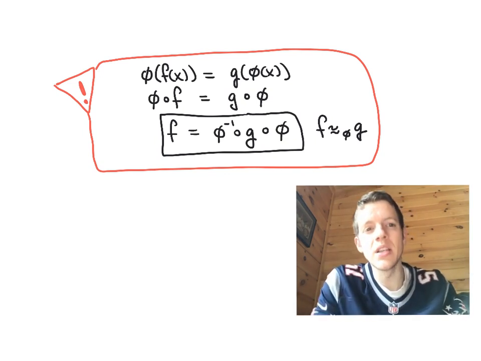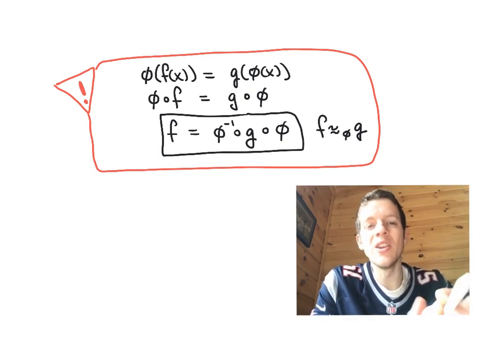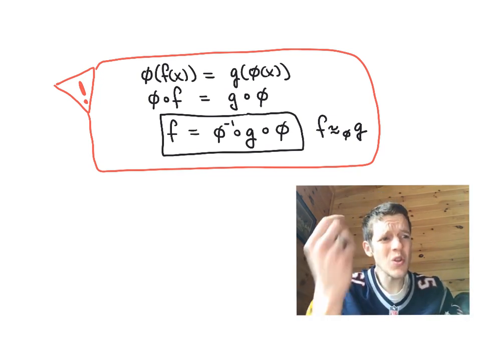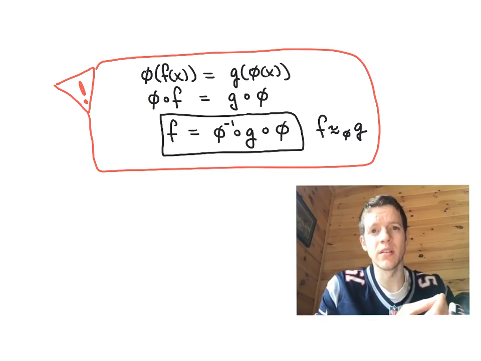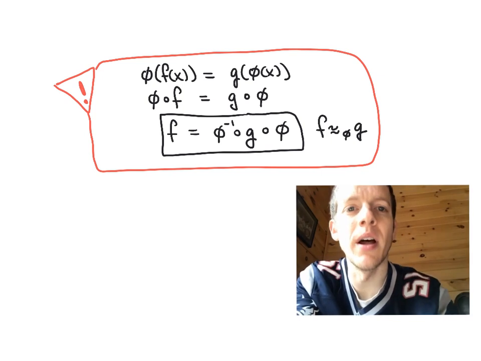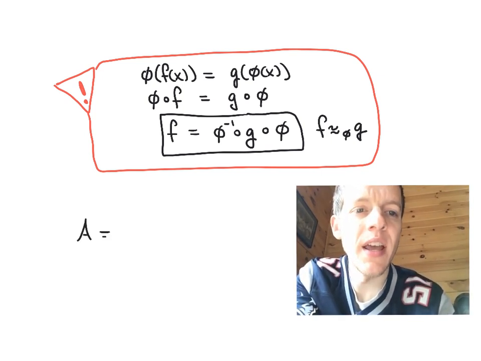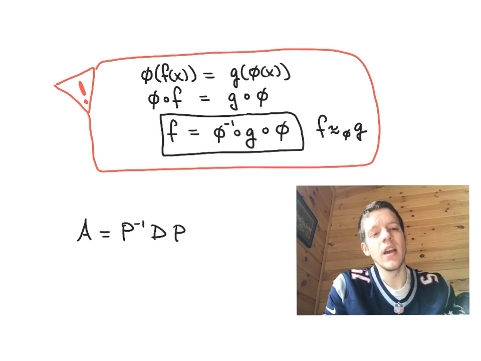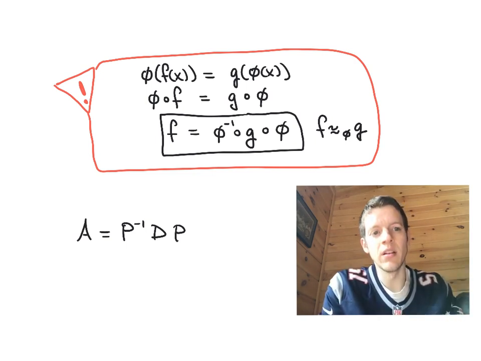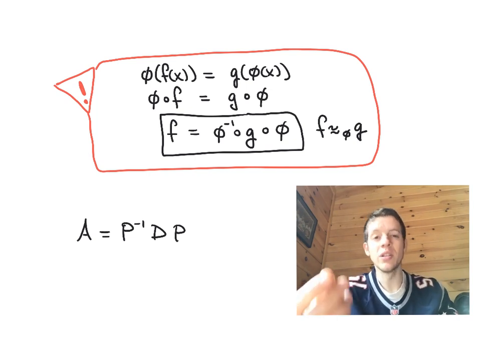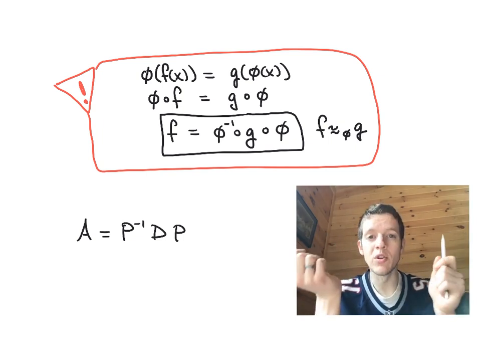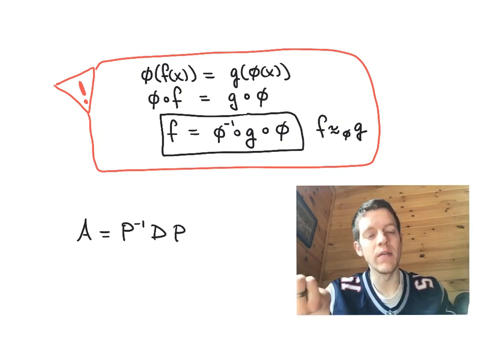The reason I'm bringing this up is this should ring a bell from linear algebra. You saw this with change of bases, you saw this with diagonalization techniques, where you took a matrix and you found a matrix P. So this should ring a bell if you had a matrix A and you could write it as P inverse D P, where A is your original matrix, D is your diagonal matrix, and you've got your matrix P flanking the D. The matrix P allowed us to take an arbitrary matrix that we wanted to study and convert it in a special way to preserve all the properties, especially the eigenvalues of that matrix.